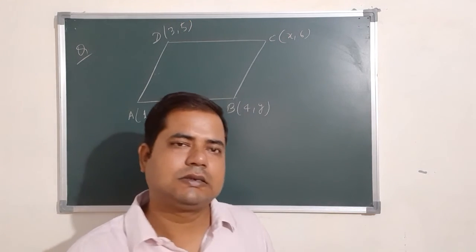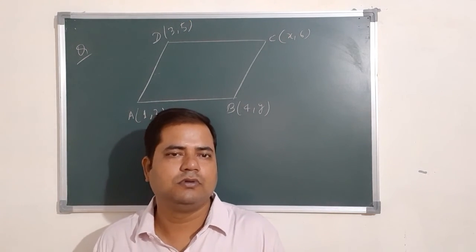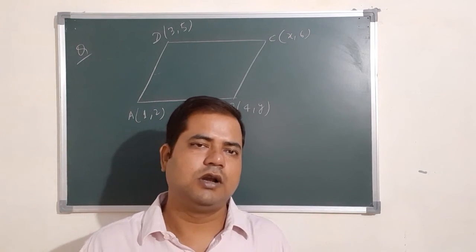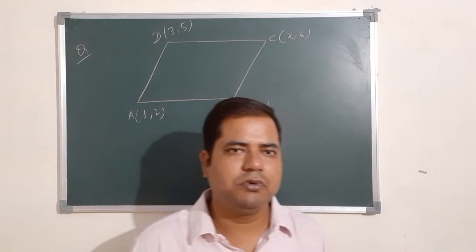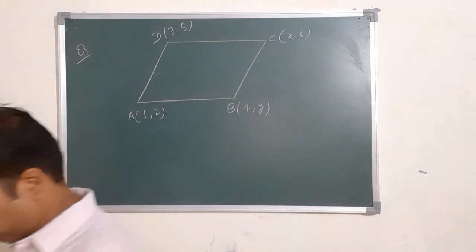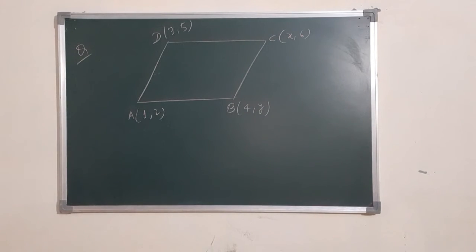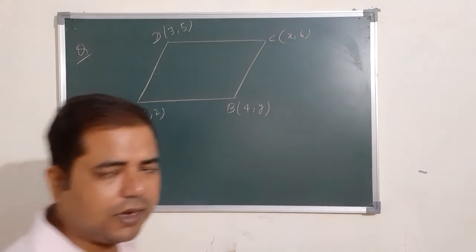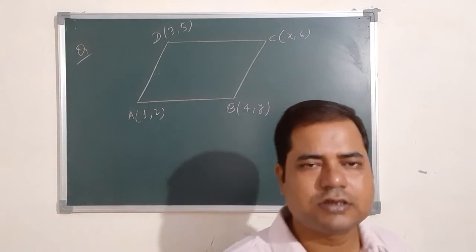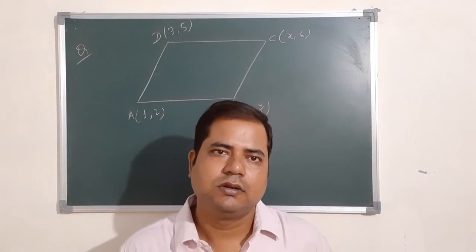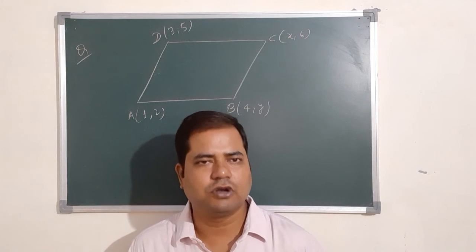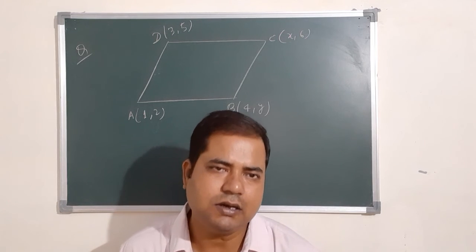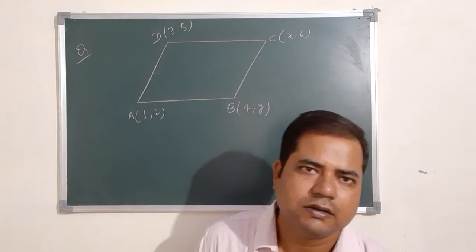If you would like to try it, try for 1 minute. Please try to solve, and afterwards I will solve and you just match the answer. Okay, so let us take 1 minute, and afterwards I am going to solve it, and then you match the result.